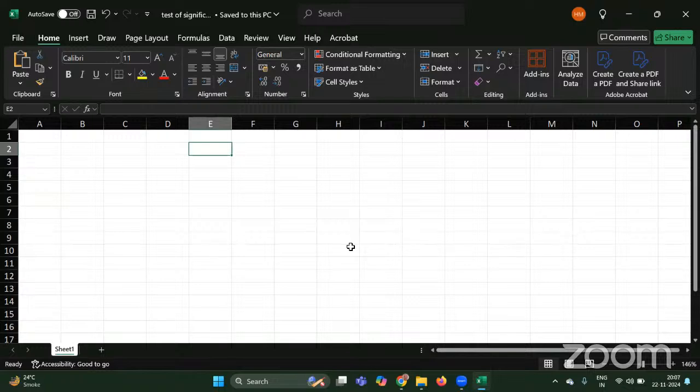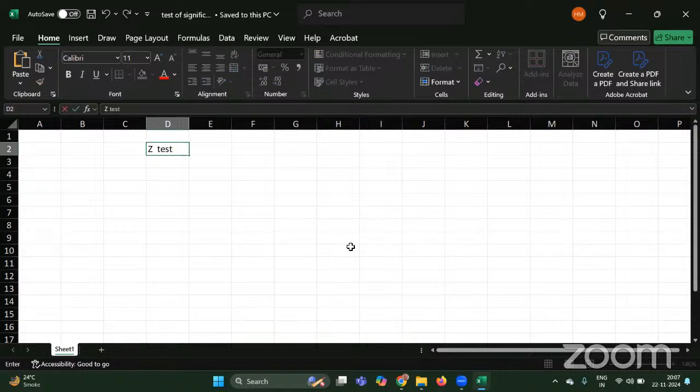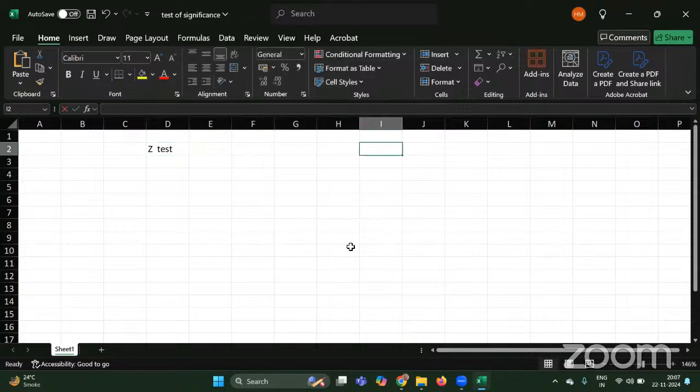And in statistics, we'll see various examples of which test we are using where. So first we'll talk about the Z test, where we are using this. And then we'll also talk about the chi-square test.